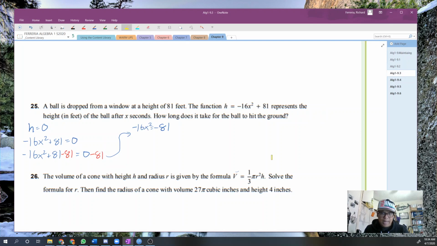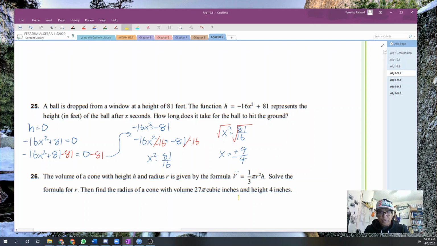Still clearing out for the square root, so we're dividing by 16. And we get ourselves x squared equals 81 over 16, which is a nice number. If you memorize that list of perfect squares, you know exactly why that's a nice number, because the square root of 81 over 16 is the square root of 81 over the square root of, sorry, the square root of 16, which is plus and minus 9 over 4.